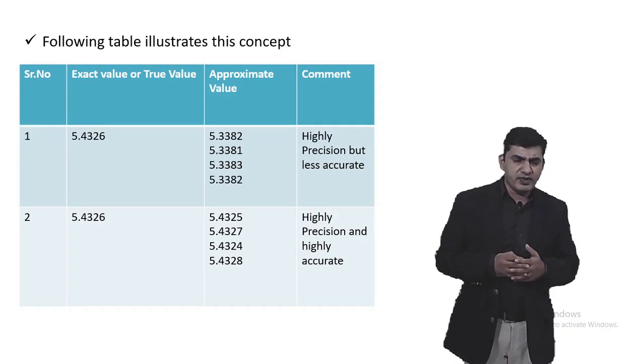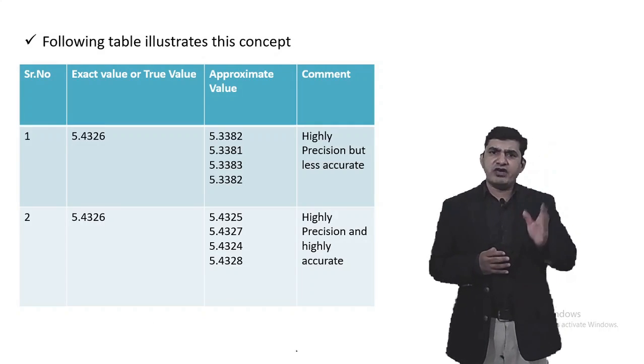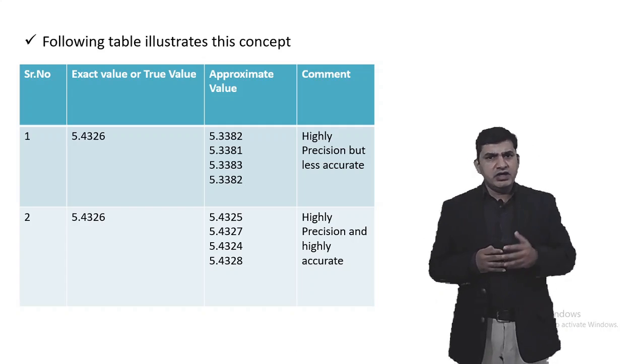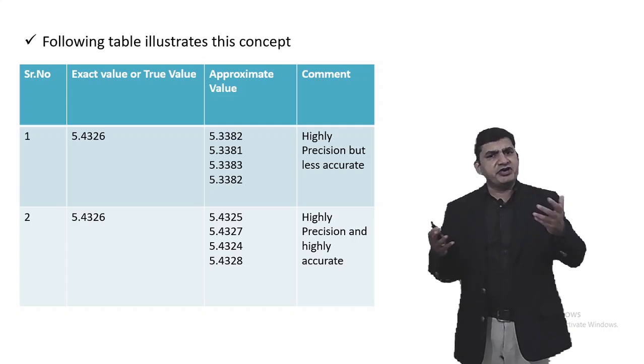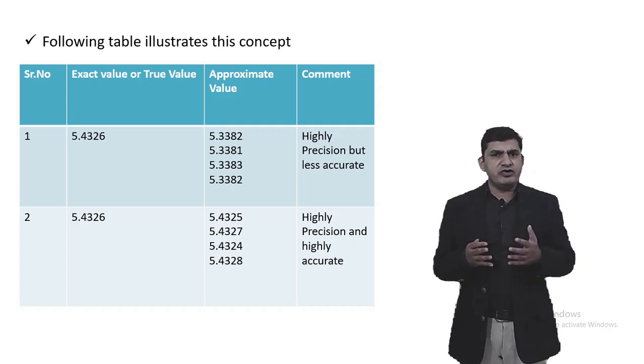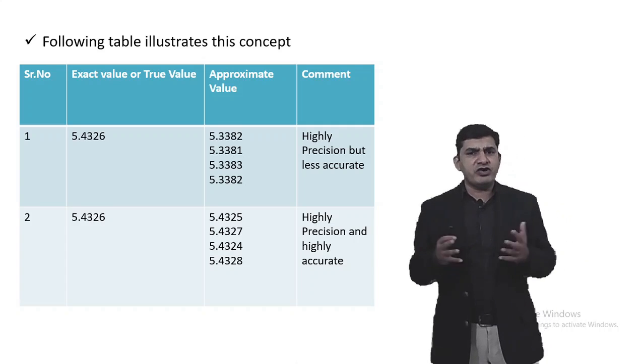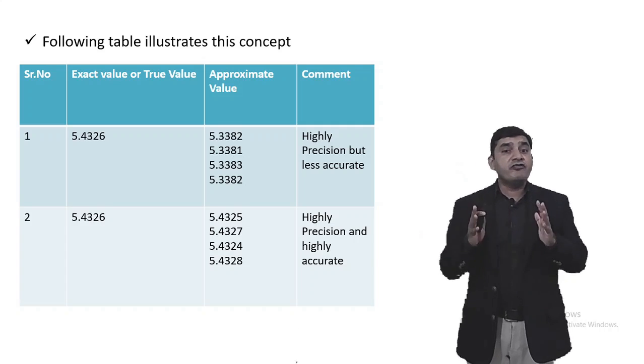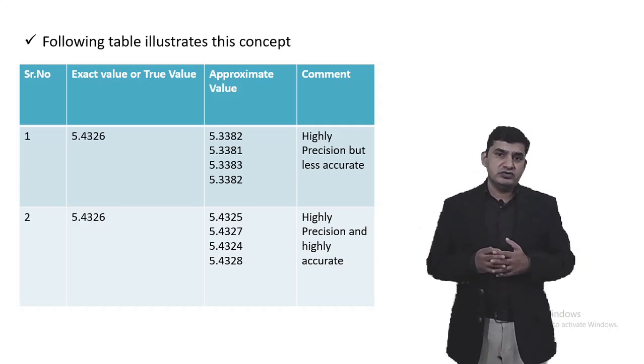5.4326. This is the exact value or true value. And if we take some readings and we get approximate values, that is 5.3382, 5.3381, 5.3383, 5.3382.